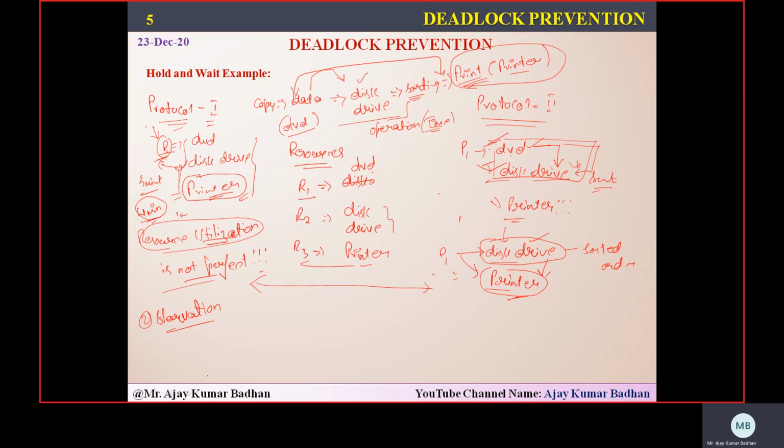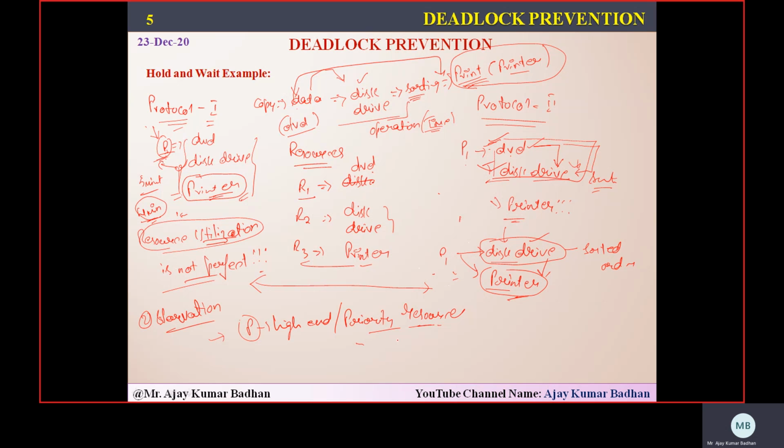Another problem we are facing here is something called starvation. How are we starving here? Basically, if a particular process requires high-end or high priority resources, there is a possibility that this process may not get all the resources at a time.